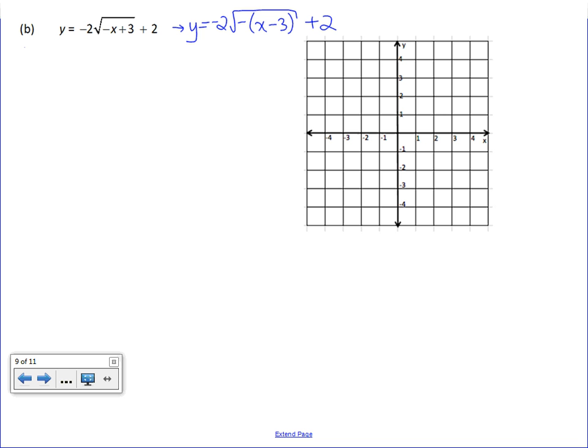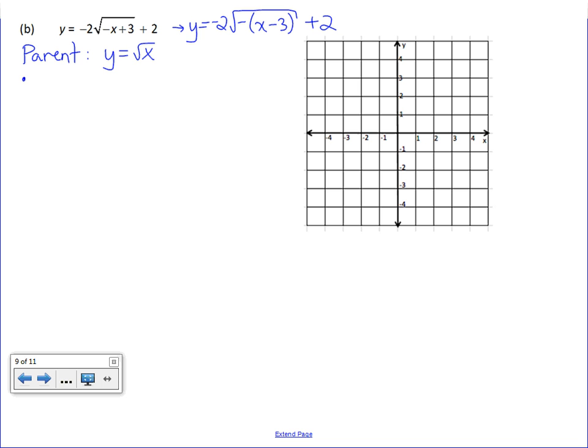For the parent, you might want to write it 3/4 of the size you wrote in the first one, because there's going to be more transformations this time. So what is the parent in this function? You take away all the a's, k's, d, c, what are you left with? Square root function.